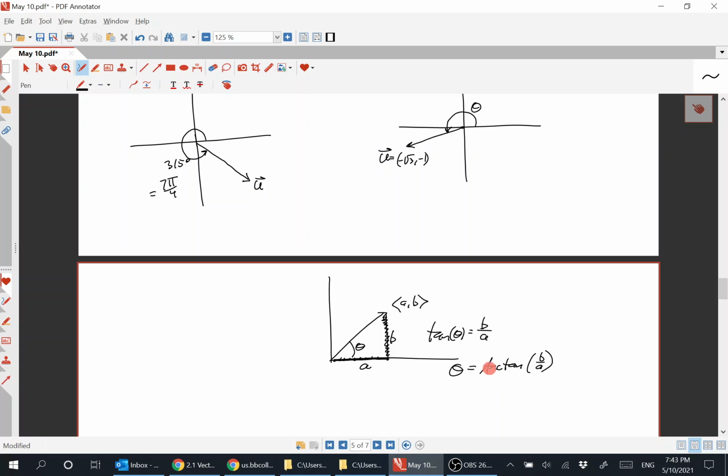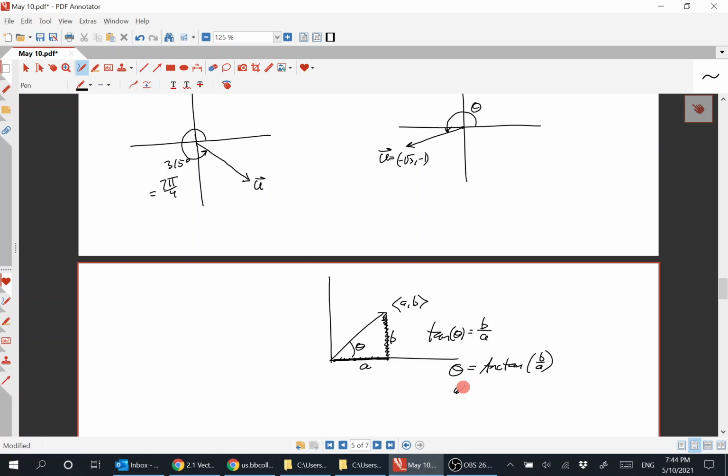Because arctangent gives you a number. Well, it gives you an angle from minus pi over 2 to pi over 2. Yeah, unfortunately, it doesn't quite.